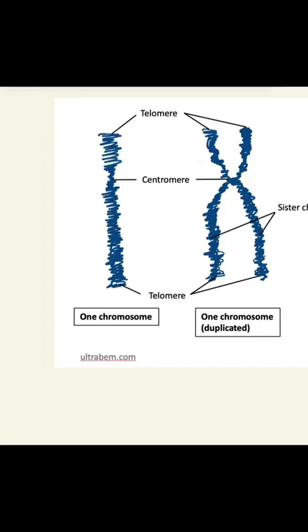Whereas this section of DNA might code for hair color or something like that. And those different sections of DNA, they're called genes. So along the chromosomes, there are specific positions, and they're called gene loci, where particular genes are located.